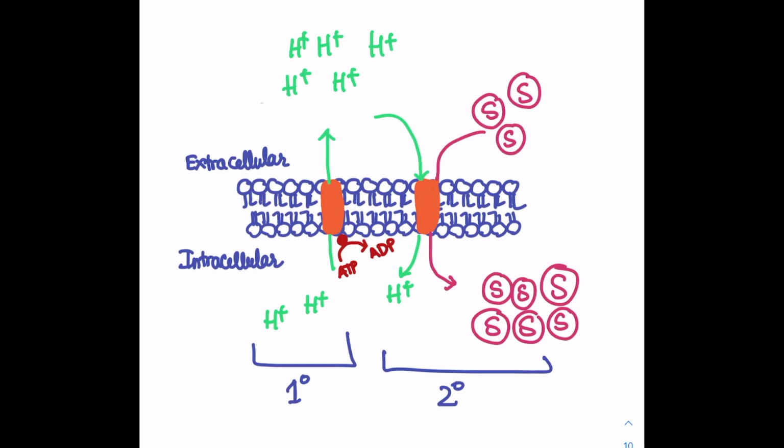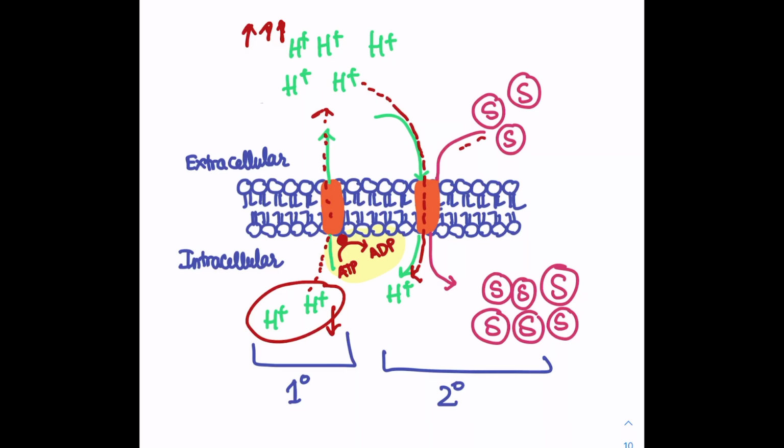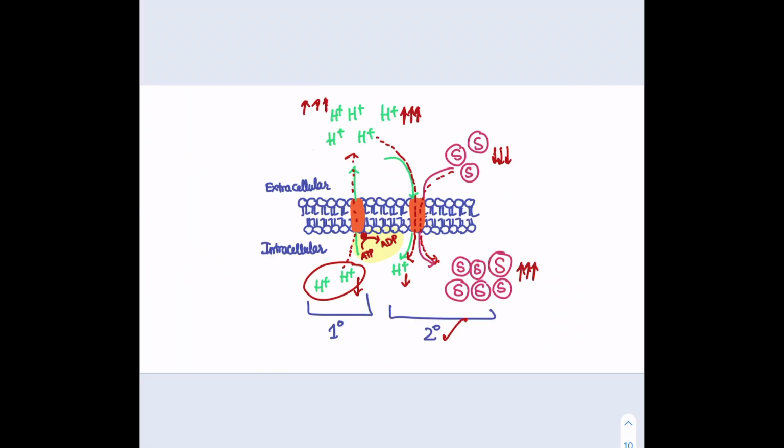This diagram summarizes the primary and secondary transport of solutes, where proton ions are pumped via a protein carrier utilizing energy from direct ATP hydrolysis. These ions are further pumped back into the cytosol across a concentration gradient, which is coupled with the solute S that is being actively transported uphill or against the concentration gradient.